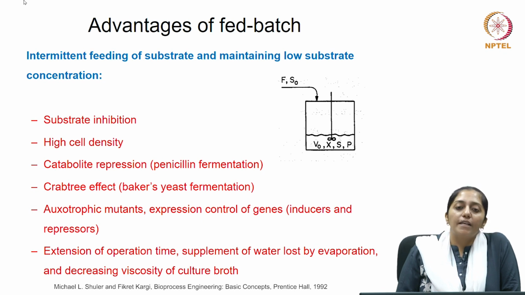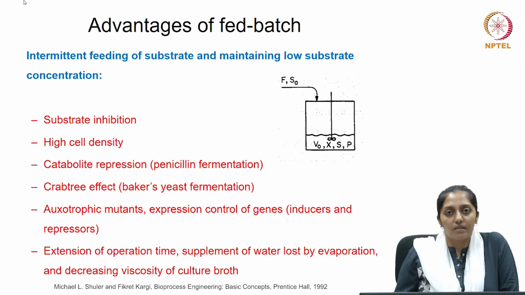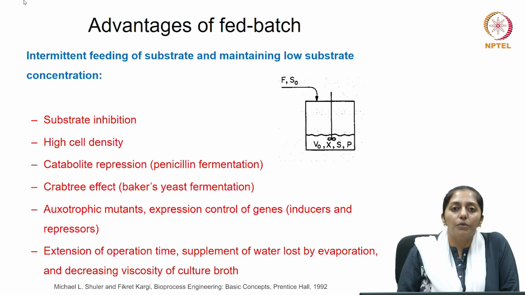Or in case of auxotrophic mutants, where one wants to control the expression of certain genes by manipulating the concentration of the inducers or repressors, that can be enabled using a fed batch process. And as I said earlier, to get high cell density, using a fed batch operation you can extend the log phase or the operation time.